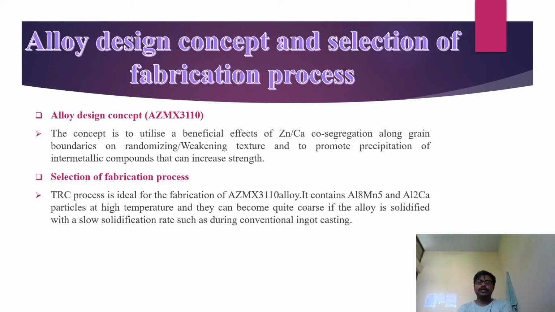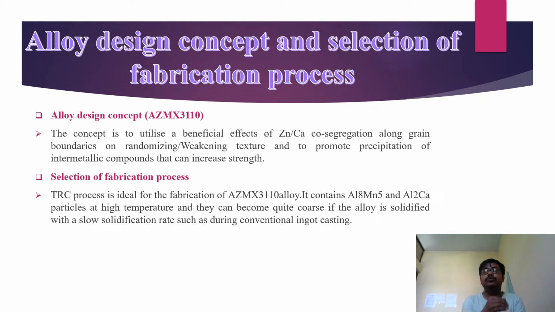So in this slide, we will be discussing the alloy design concept and the selection of application process. So first, we will be discussing the alloy design concept. So what is the alloy design concept that we are utilizing here? That is different from the earlier researchers. Earlier researchers were utilizing two methods: the modification of the thermomechanical process and the addition of the rare earth element.